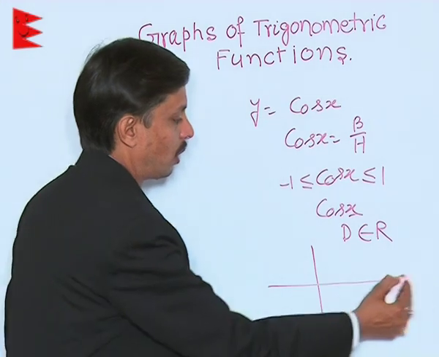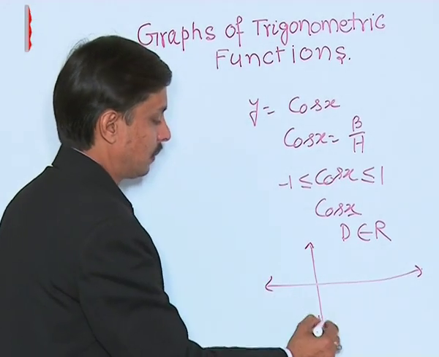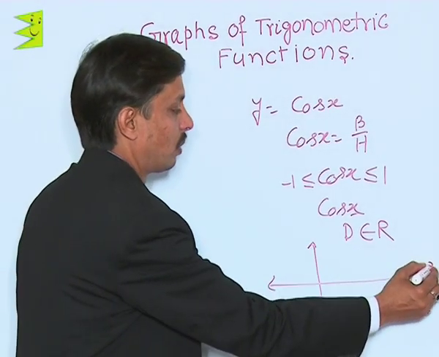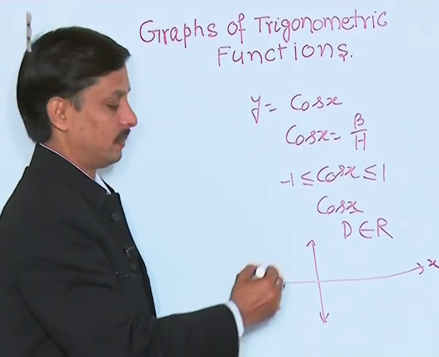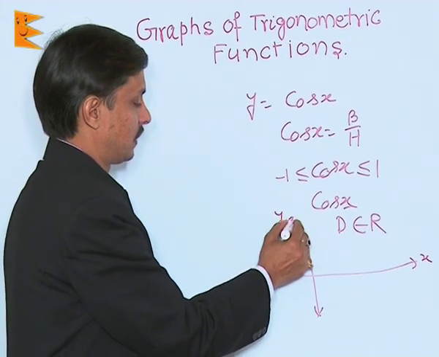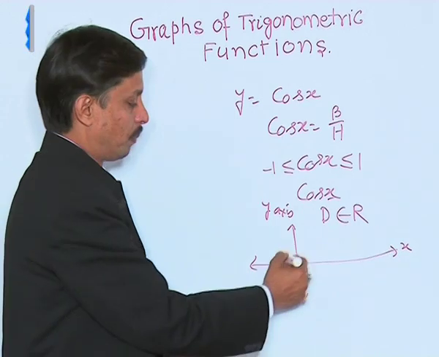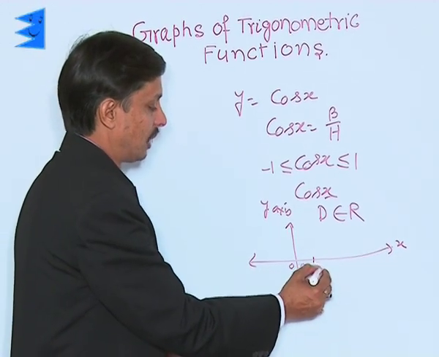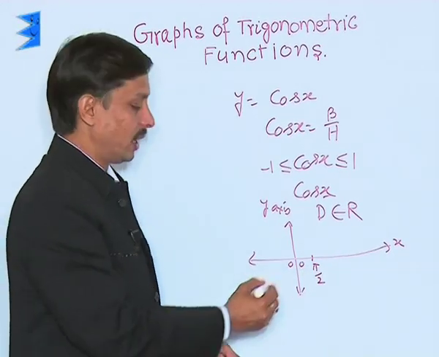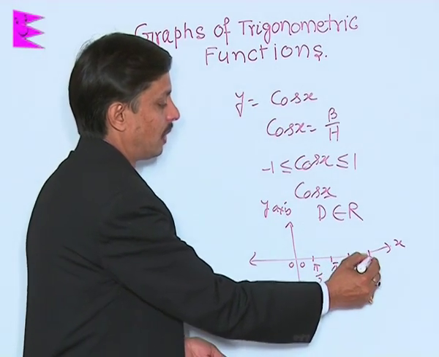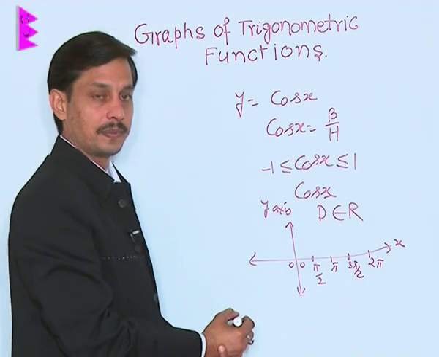To draw the graph of y equals cos x, we take the x-axis horizontally and the y-axis vertically, with the point of intersection at the origin. On the positive side I am taking intervals of 90 degrees: pi by 2, pi, 3 pi by 2, 2 pi.